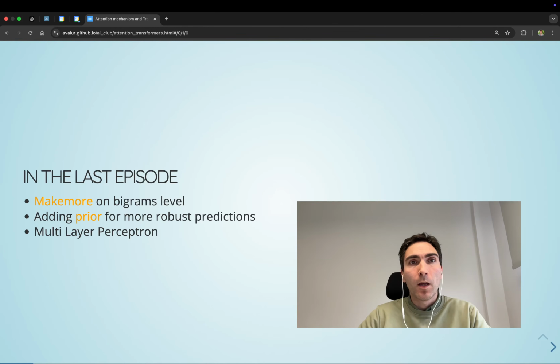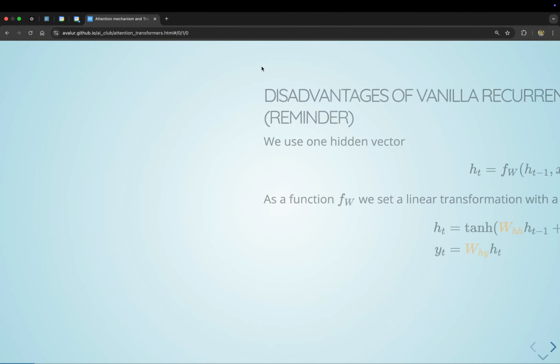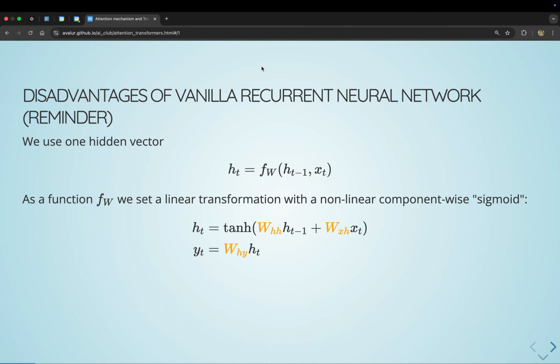Okay, and today we firstly want to recover some previous models. So maybe you remember there were recurrent neural network models, and the vanilla version, so the simplest one, is where you have almost one linear layer.